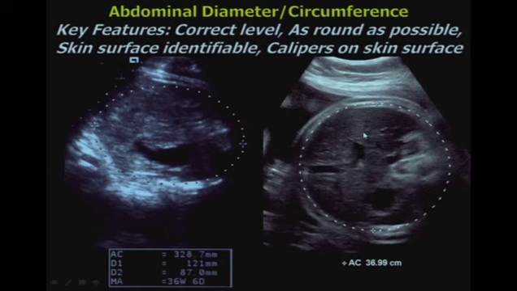And here are 2 cases that I've seen where the abdominal diameter or circumference was undermeasured, leading to abnormalities that arose because of an inappropriate attempt at vaginal delivery.